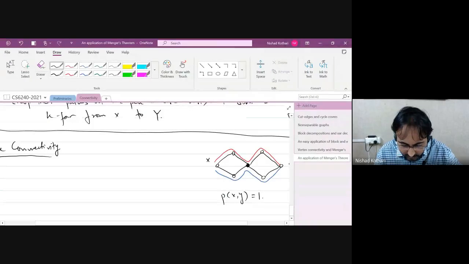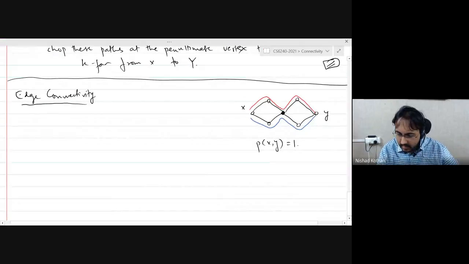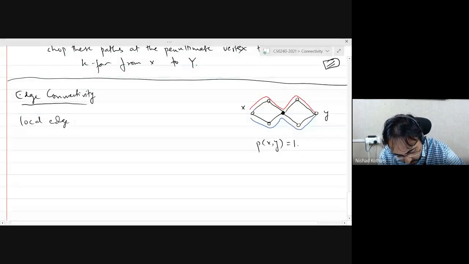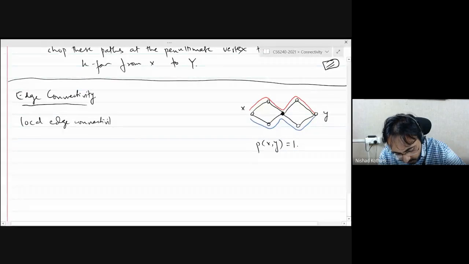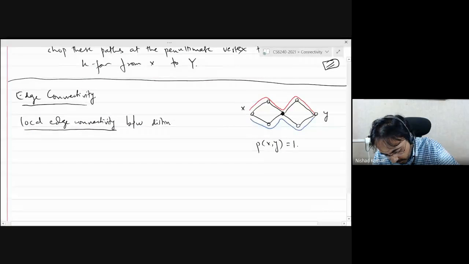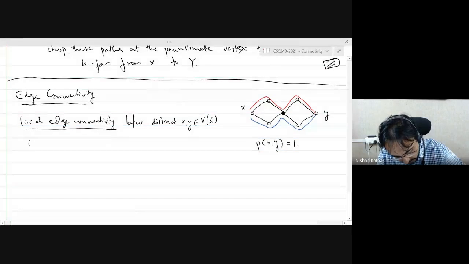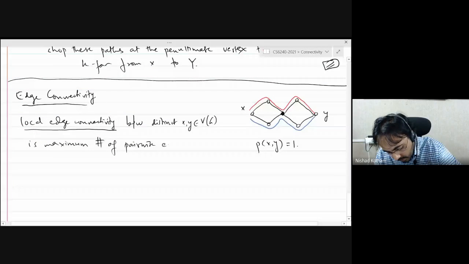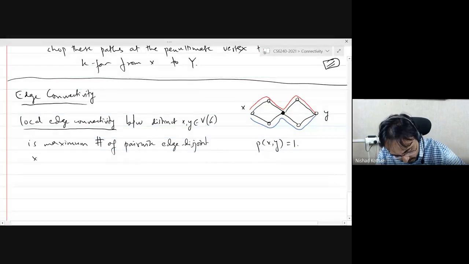Okay, so that brings us to another definition, which is the local edge connectivity between two distinct vertices, X and Y, is the maximum number of pairwise edge disjoint XY paths.